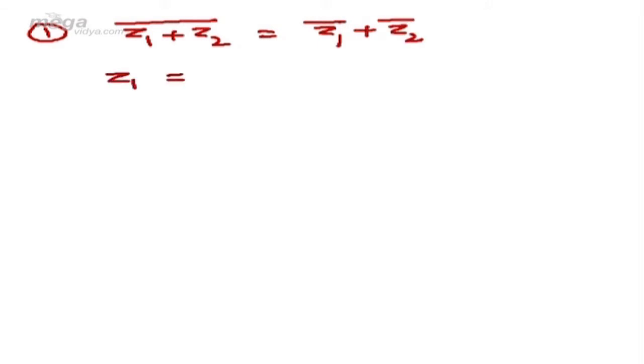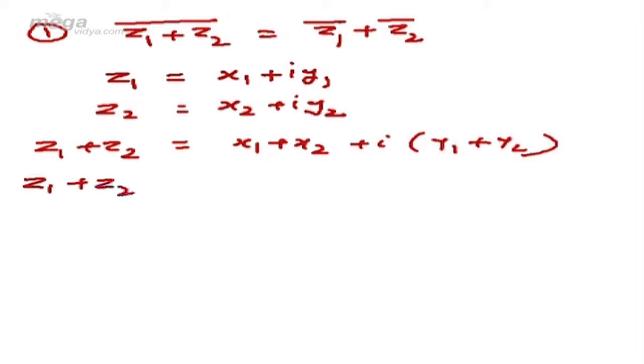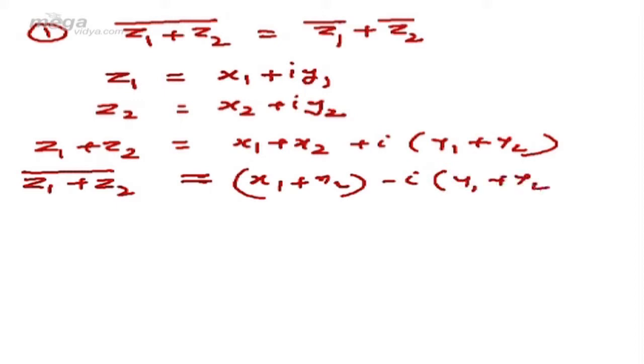Suppose we take z1 equal to x1 plus iy1 and z2 equal to x2 plus iy2. Then z1 plus z2 can be written as x1 plus x2 plus i times (y1 plus y2). So (z1 + z2) bar can be written as x1 plus x2 minus i times (y1 plus y2).